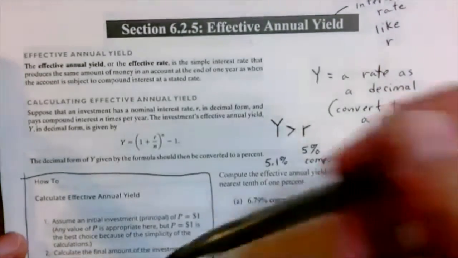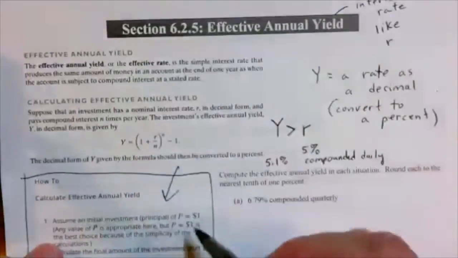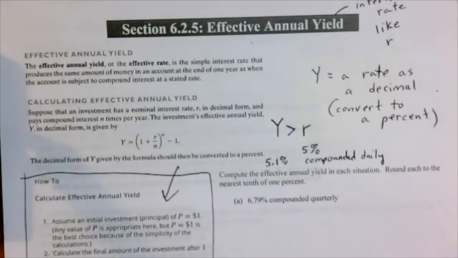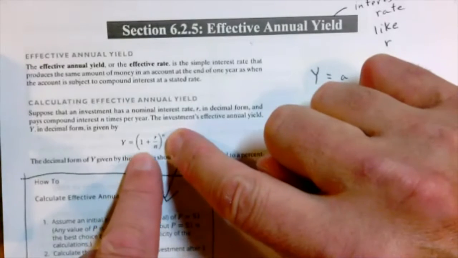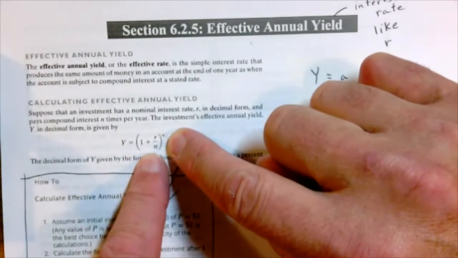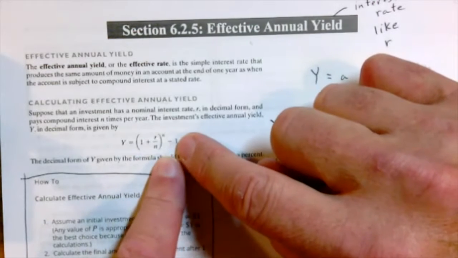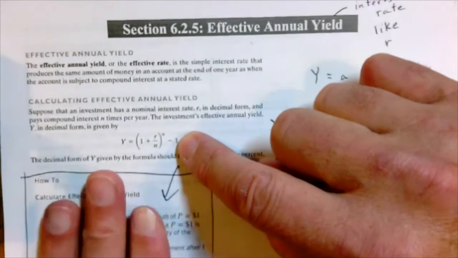As they say down here in this explanation, they're really going to take a look at what happens to $1. What does $1 convert to? Then you evaluate this, and you'll see how much larger the dollar is, but then you're going to subtract the dollar, leaving just the rate. So they kind of say that down here.